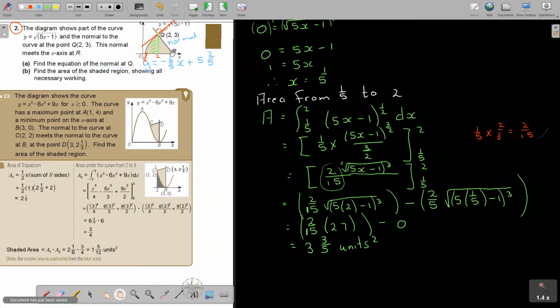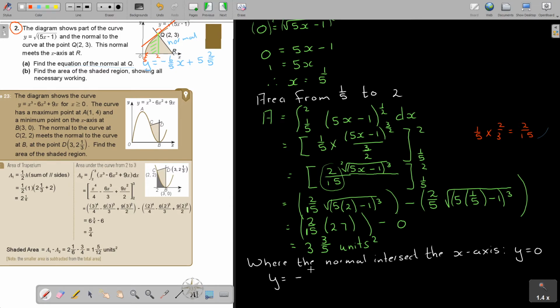I must find that point where it cuts with the normal, and let's write it like this. Intersect the x-axis. You still make y 0. So take the normal, there is the equation, and in the place of this, you put 0.